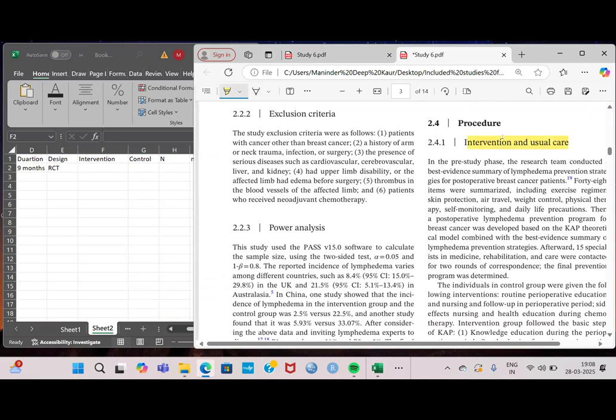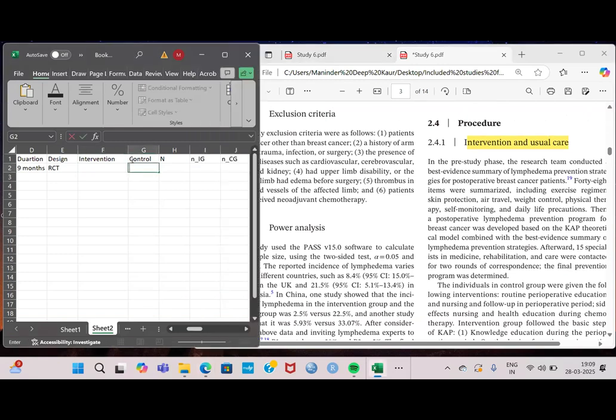Intervention means your experimental group is getting some kind of intervention, and this is our control group. The control group is getting usual care. So we can write down usual care in the control category. What intervention are they getting in the experimental group?